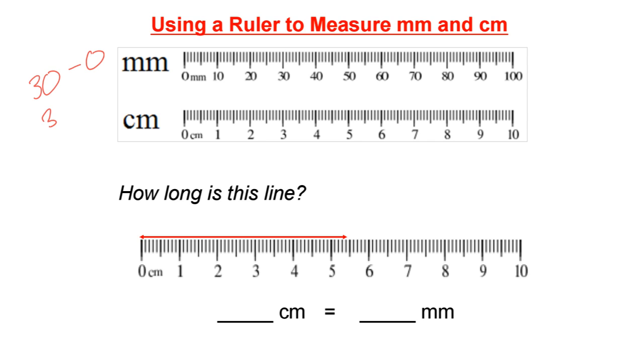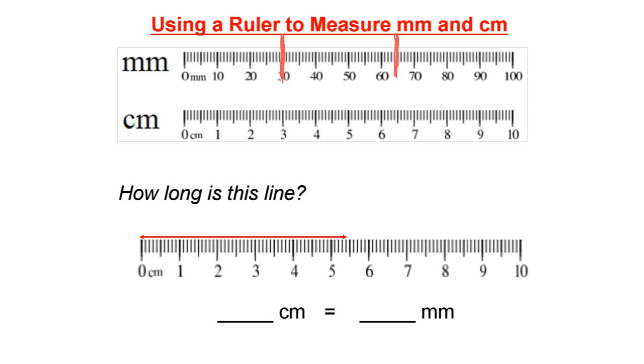So now, what we're going to do is look at what would happen if, instead of measuring from, say, this position here, from 0, we start at, say, 30 and end here.